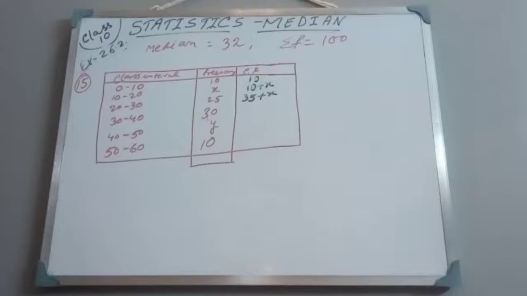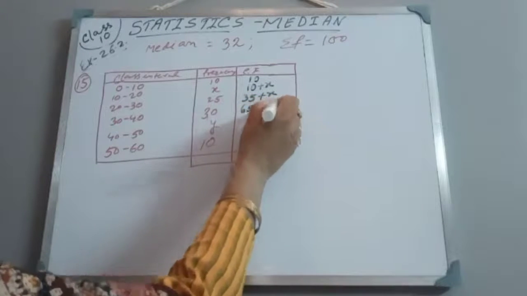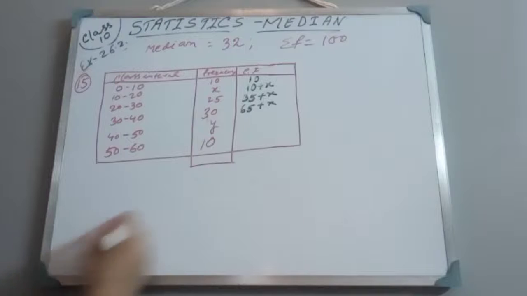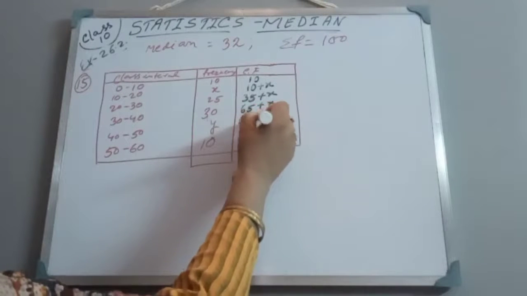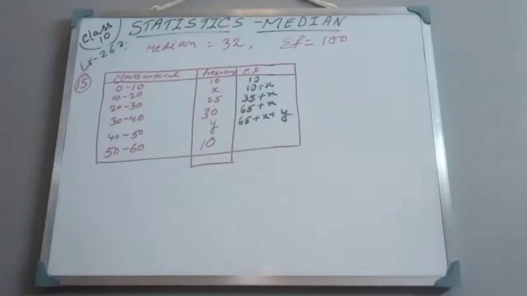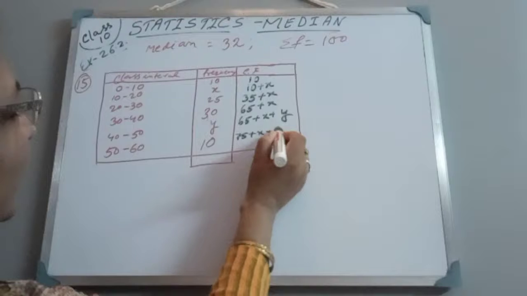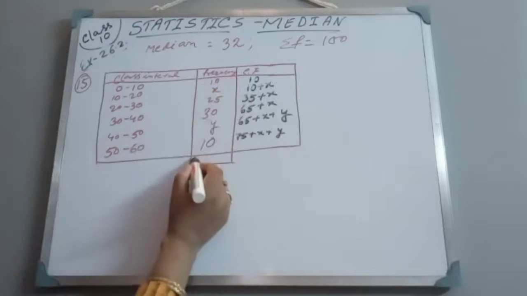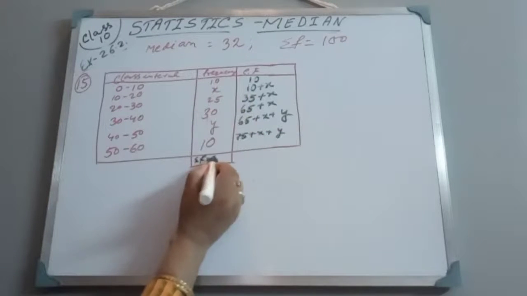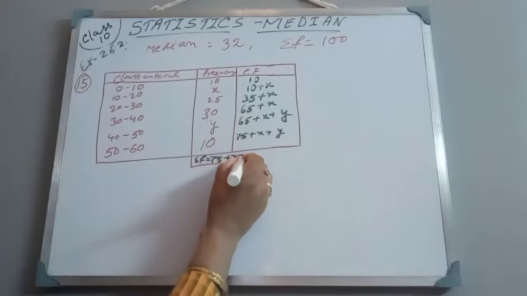Next 35 plus 30, so it will be 65 plus x. Next 65 plus x plus y. And next 65 plus 10 is 75 plus x plus y. Here also when we add all this, sigma f will be 75 plus x plus y.